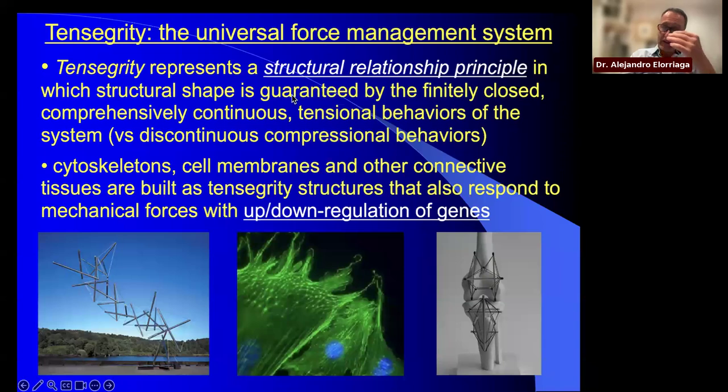Tensegrity, discovered by Buckminster Fuller, was also rediscovered in biological tissues decades later.